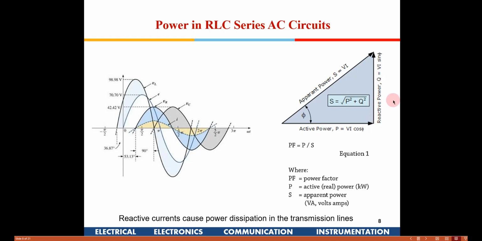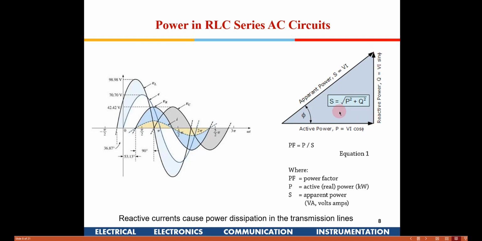So this is a kind of oscillating power. This reactive power doesn't get dissipated as heat. It has come because of the inductor and capacitor. If there is no inductor and capacitor, there won't be any phase difference, and apparent power and active power will be the same.